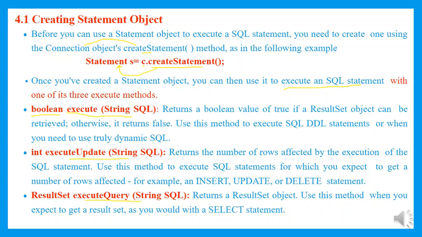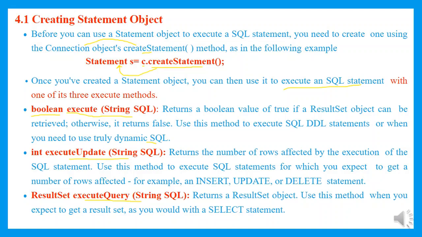Otherwise, if no values have been retrieved from the table, the method returns false. We use this method to execute a DDL statement, or when we want to perform operations on dynamic SQL. I already told you that PreparedStatement is an interface which performs operations on dynamic SQL. In that case, I will make use of the execute method.